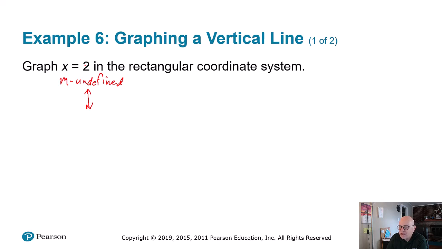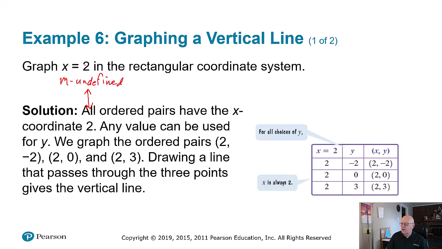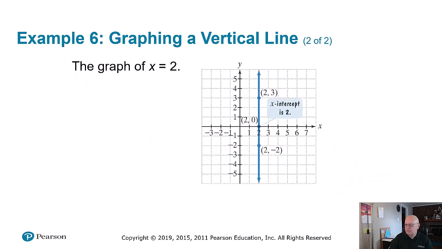Makes things very easy. On this one, this is the rule. It says all the x coordinates are going to be 2's. So over here where you've got your x's and your y's, all the x's are 2's. Pick anything you want for the y, because this says nothing about the y values. There's your graph of x equals 2.